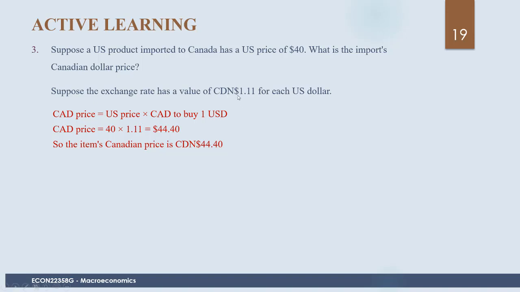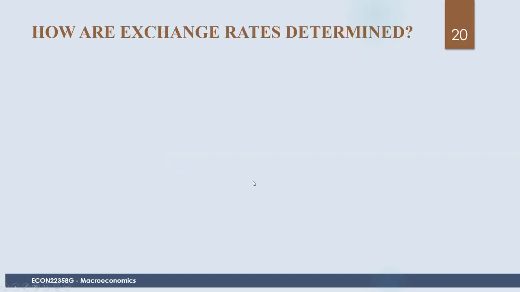We're told that for each US dollar, we need $1.11 to buy a US dollar. So we need to buy 40 US dollars, and 40 times 1.11 is equal to 44.40. And so the item's Canadian price would be 44.40.